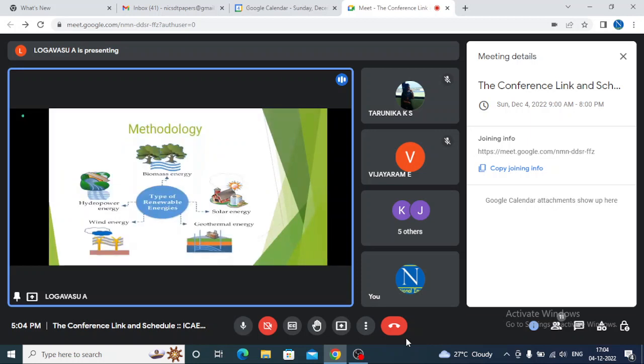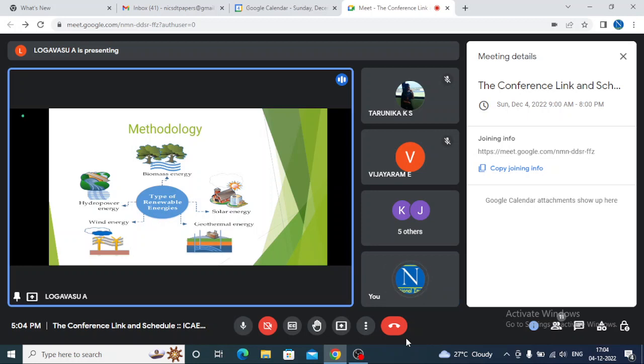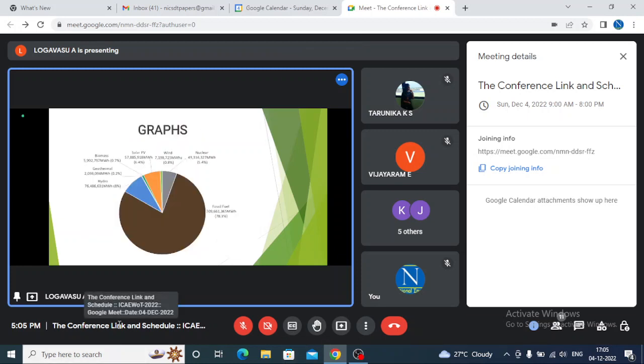We can see the energies: solar energy, wind energy, thermal power energy. We can take the energy power like this. Graph.